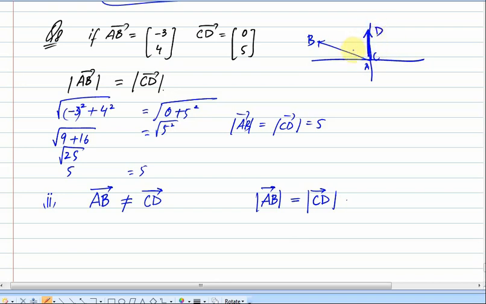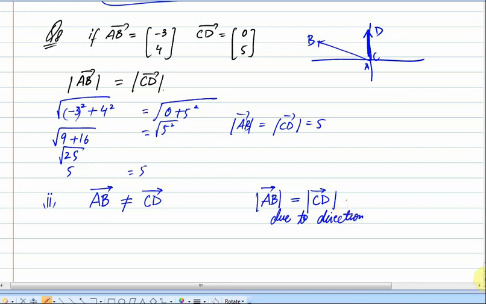So vectors are not equal, although their magnitudes are equal. They both are 5 centimeter in length, but their direction is not the same, right? So the reason the vectors are not the same is due to their direction. Direction is not the same, but the magnitude is the same.